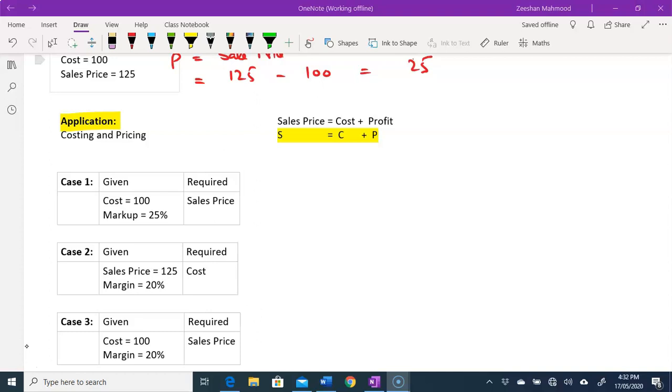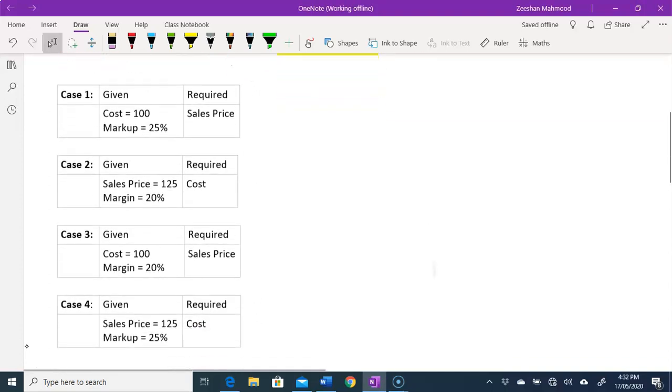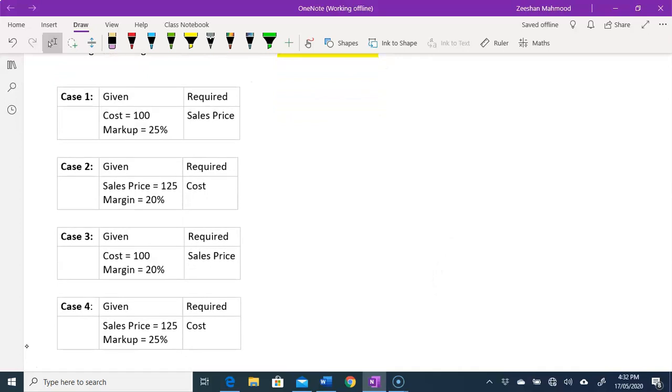Cases 1 and 2 are quite simple, whereas cases 3 and 4 require some further understanding. So what is in case 1? In case 1, we're given the cost, that is 100, we're given the markup, and we're required to calculate the sales price.